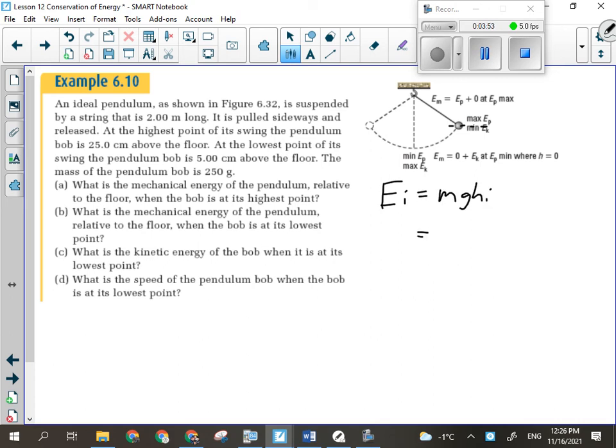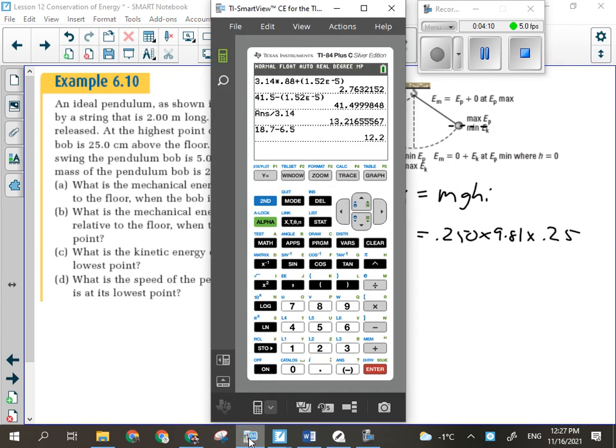So that would be 250 grams, so 0.250 kilograms, times 9.81 times 0.25 meters, because they told us it was 25 centimeters above the floor. They're trying to play some unit tricks on us there, but we're too smart for that. 0.25 times 9.81 times 0.25. So that's the mechanical energy at that point.